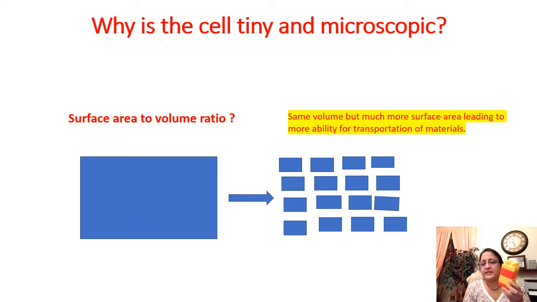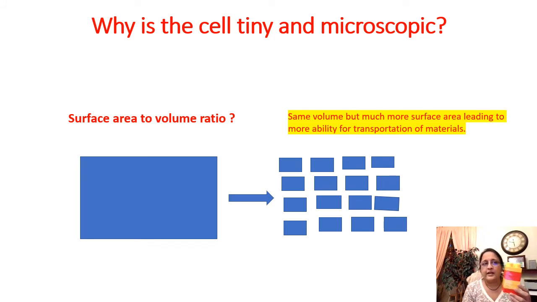Assume that this particular organism is made of one single large cell. It has volume and it has surface area. Surface area is these 6 sides, and that is where materials will go in and out of the cell.